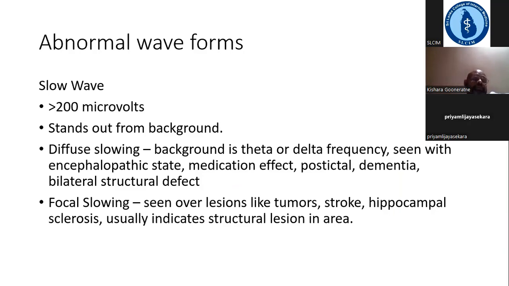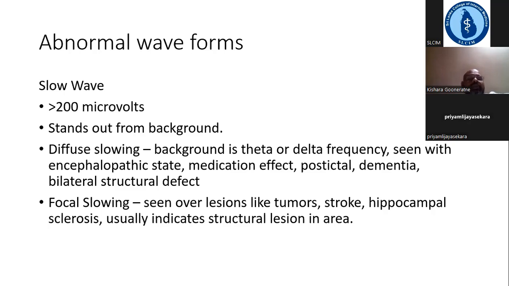Then we have slow waves, which are generally more than 200 milliseconds in duration. Again, they stand out from the background. When you see slow waves, you need to decide whether they are focal or diffuse.